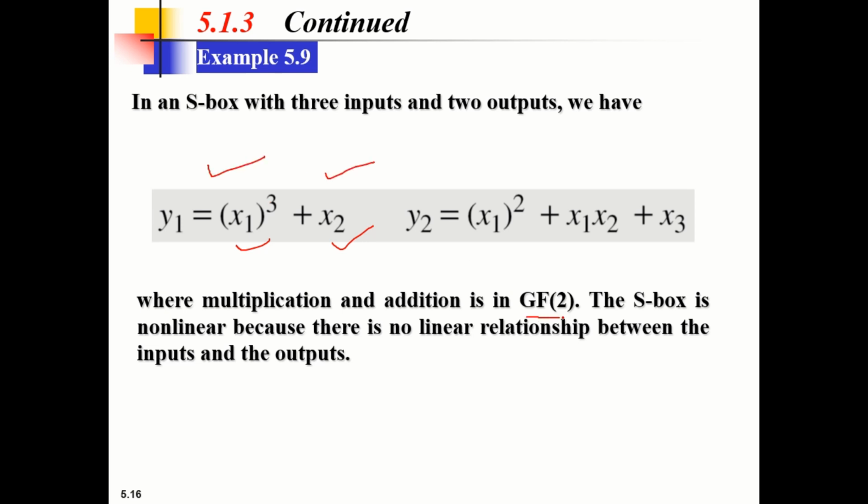So in this form, it is the Galois field, right? Because we are using polynomials over here. Here also you can see we have two outputs, y1 and y2, and x1, x2 and x3, three inputs, right? So the number of m and n are not the same, and the S-box is non-linear, or we can also call it polynomial.